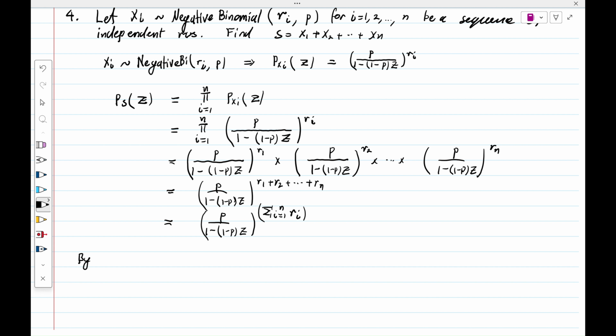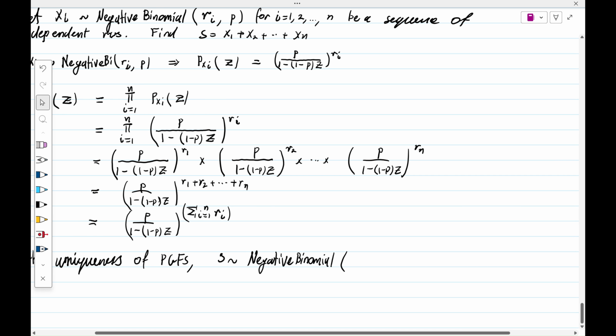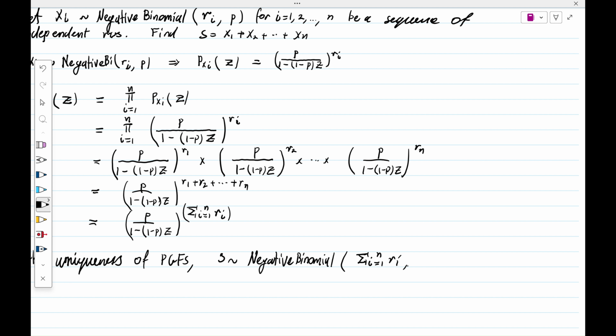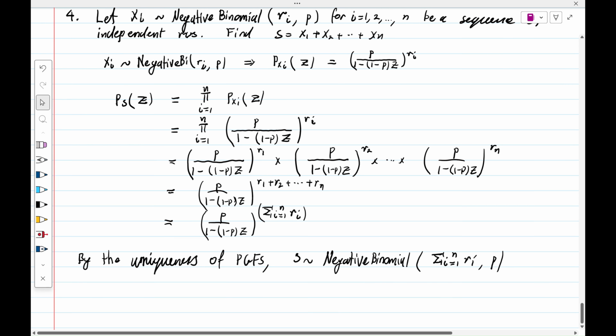So by the uniqueness of PGFs, the sum is a negative binomial distribution, now with parameters r equal to the sum of ri's and probability of success parameter p.